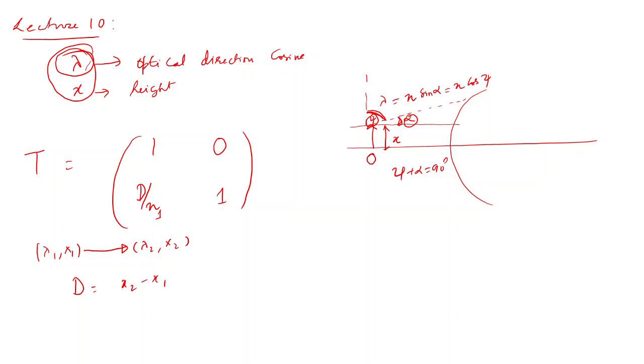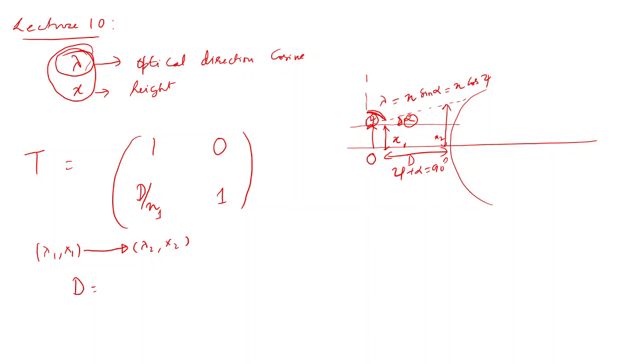Sorry, it's not x2 minus x1. It is the distance between x2 and x1. x1 and x2 themselves are heights. So if I have this as x1, and I'm going here and this height is x2, the distance between these two is d.